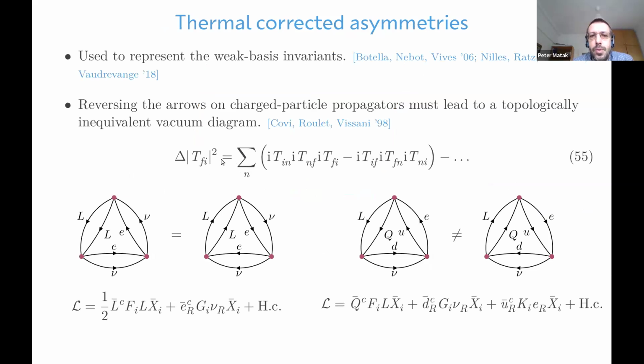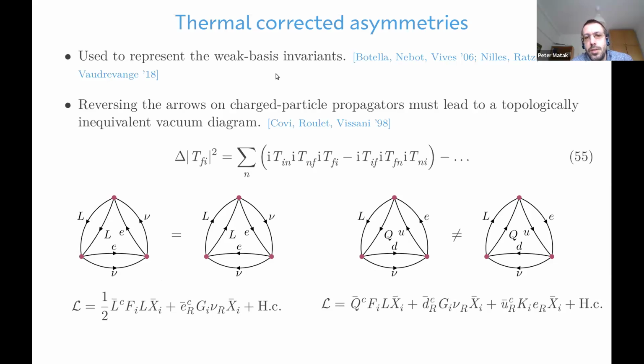So I have to go a bit back. So we started originally with forward scattering diagrams, but how to get all the forward scattering diagrams? The best way is to start at a given perturbative order with vacuum diagrams, or some bubble diagrams, or cyclic diagrams, or whatever. These are used to represent weak basis invariants.